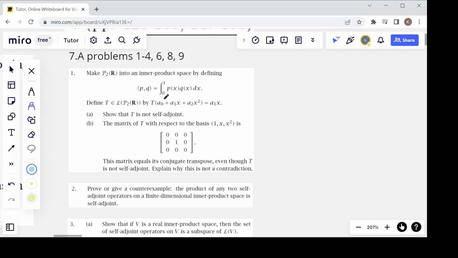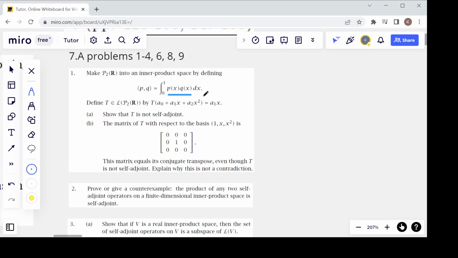Now, the inner product, this is a chapter on inner product spaces. The inner product is defined this way. It's a little odd, but it is clearly defined, so don't worry about it too much. I'll show you the specific calculations that are required for this question. But in general, if you have these two polynomials in P2 of R, the inner product is defined by multiplying those two polynomials together, integrating to get the indefinite integral, I guess technically.